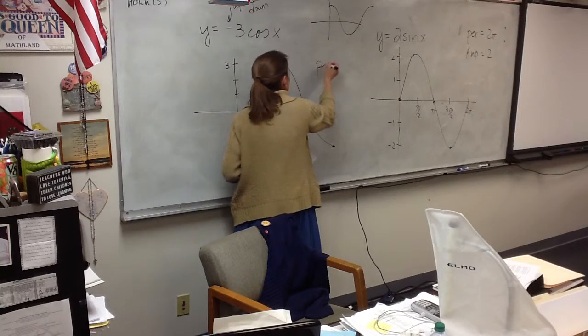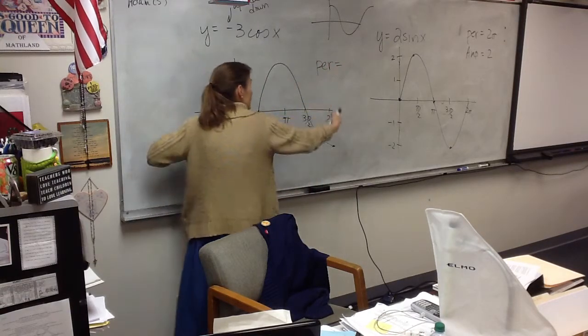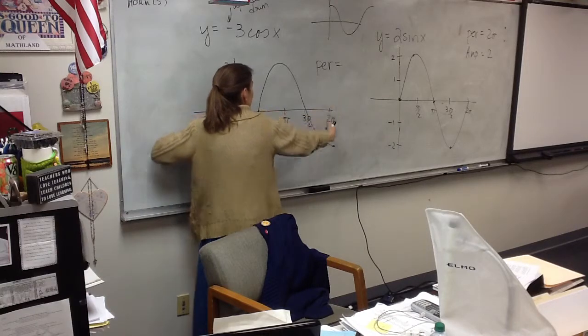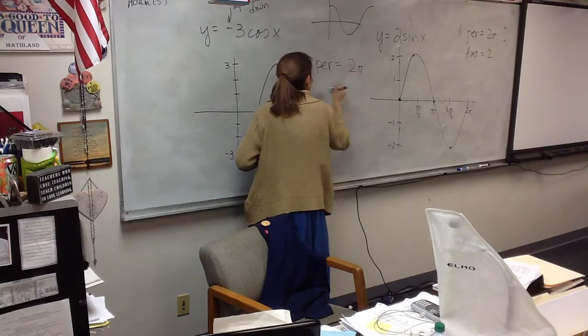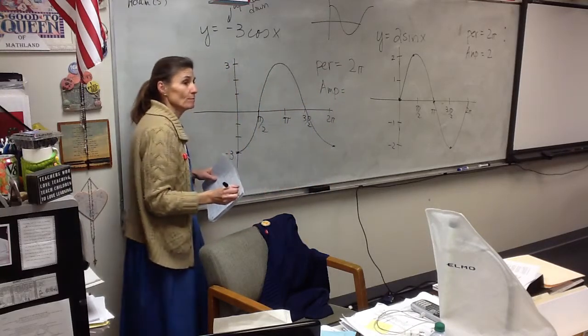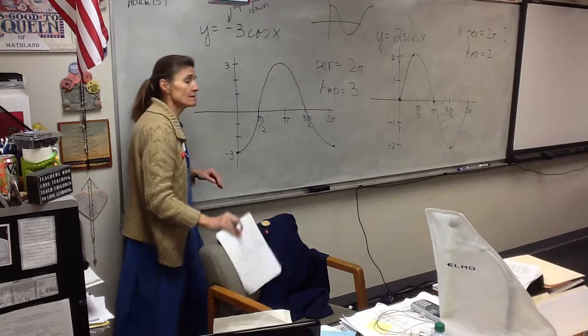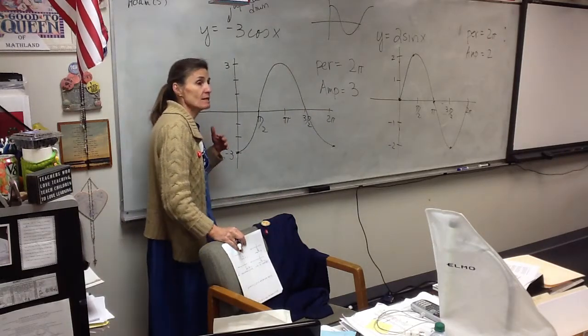What is the period of this picture? So the period, 2 pi. What is the amplitude of the picture? 3. Notice, kids, this will be something some of you will miss.